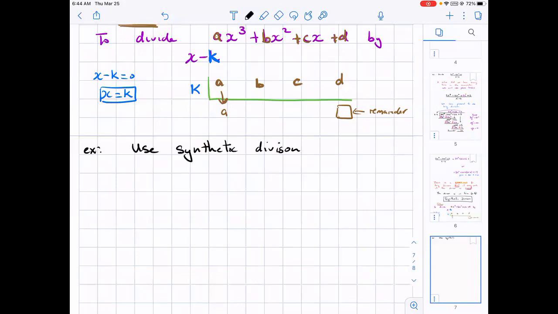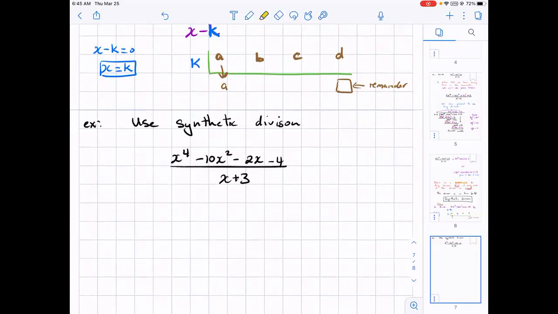So remember, you cannot always use synthetic division. And let's say we have x to the fourth minus 10x squared minus 2x plus 4 divided by x plus 3. So remember, to use synthetic division, this has to be linear.